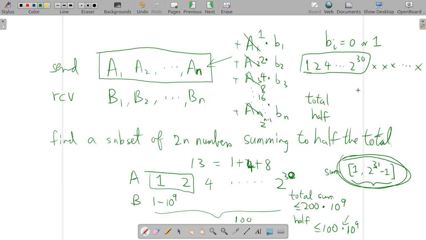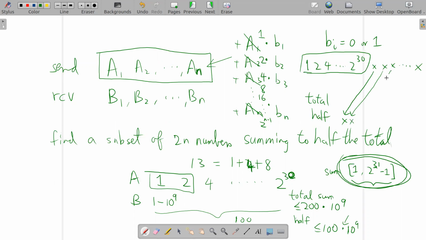What if the half is too big? Well, if half is too big, I'm just going to grab one of these numbers and put it into here. Every time I grab one of these numbers, the half, what I need to still make up, is going to be smaller.